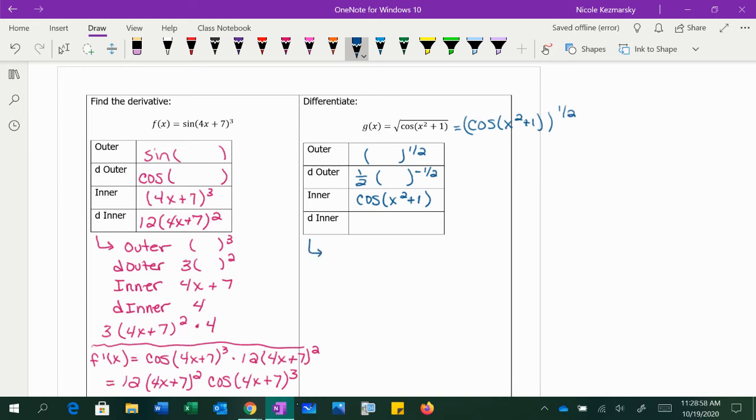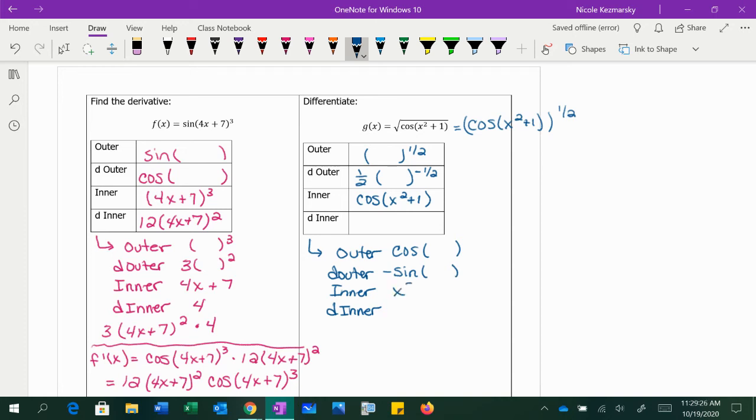Derivative of the inner requires its own set of outer, derivative of outer, inner, and derivative of inner. The outer of cosine of x squared plus 1 is cosine of something. The derivative of the outer is negative sine of something.